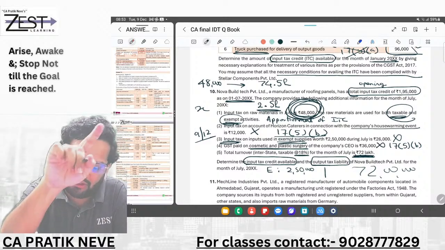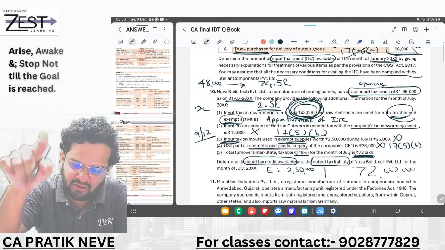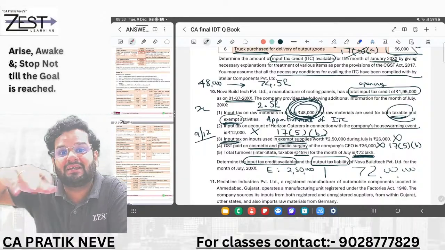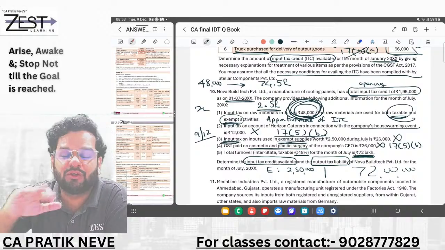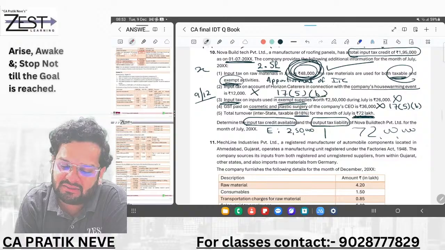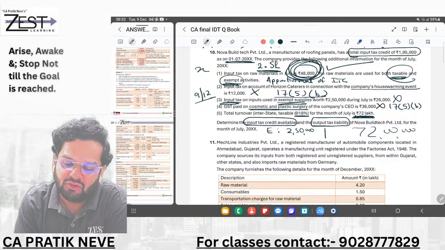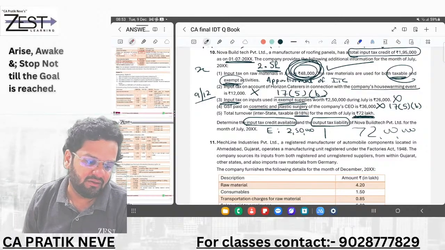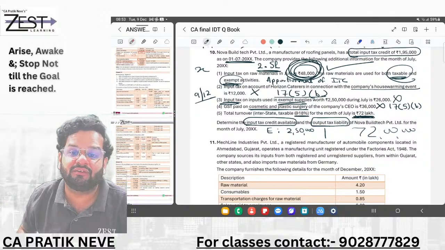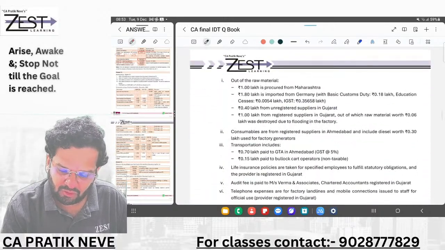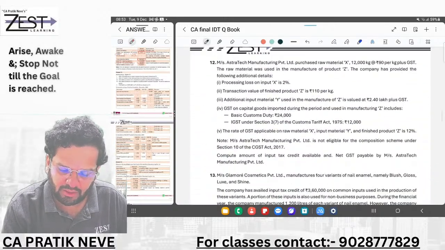So that's what we calculated: 48,000 into 2.5 divided by 74.5. 1611 we don't deserve, so we are making it payable. 1611 we are making payable, and then only we are taking entire ITC of 48,000. So it is as good as taking ITC of 48,000 minus 1611. Effectively, you are taking ITC of 46,389. Okay, so this way we have to go ahead.